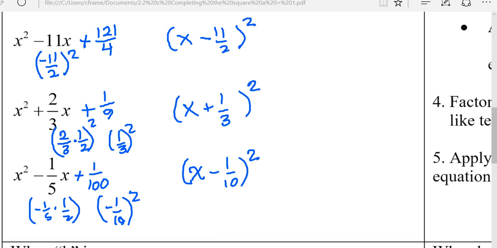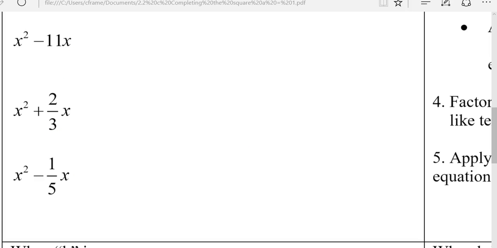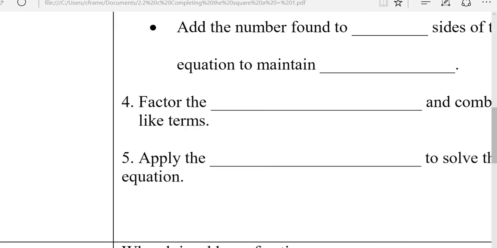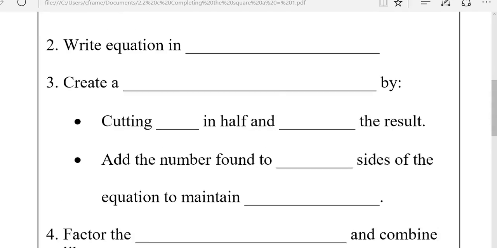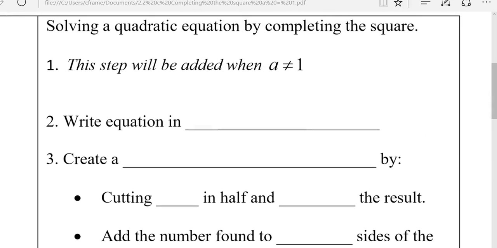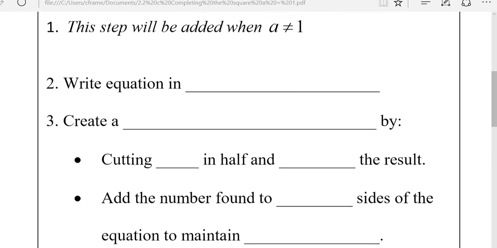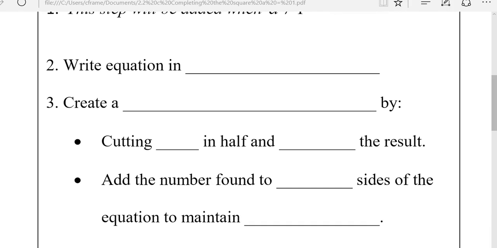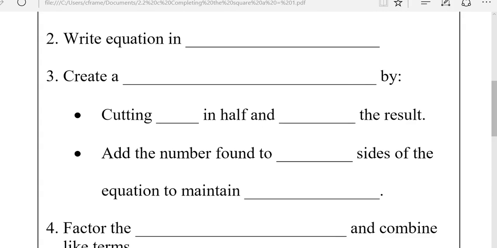Okay, let's move on to the next box and fill in the blanks for the steps. Solving a quadratic equation by completing the square. Step 1, we're going to add this when we start solving problems where a is not 1. Step 2, you're going to write the equation in this form: x squared plus bx equals c.